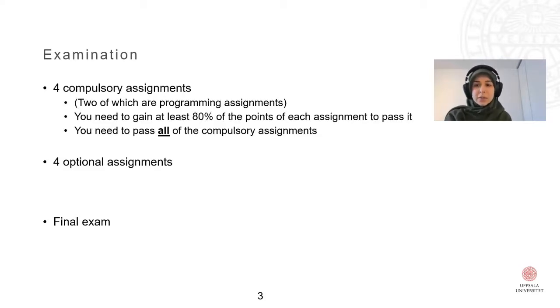In the compulsory assignments, we will have 2 programming assignments, one for Python and the other one for assembly. We will cover all the material and everything that you need to know to perform those programming assignments. So even if you don't have any experience at all with programming, it is not a problem. You will learn everything in this course.